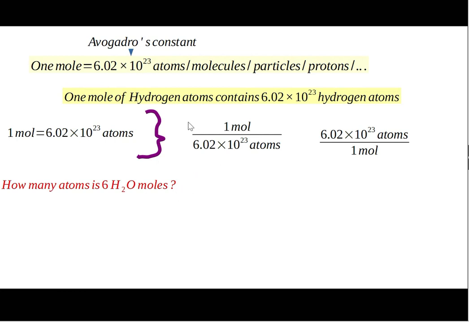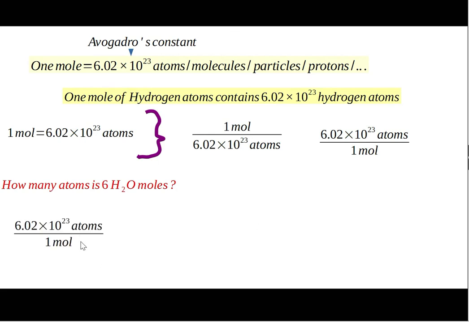So if we look here, we have to choose one of these ratios. Applying conversion factors, since we have been given the moles, I want moles to cancel, so I will go for this formula, because if I go for this formula, I will get my atoms.